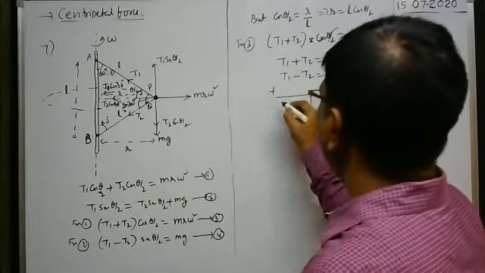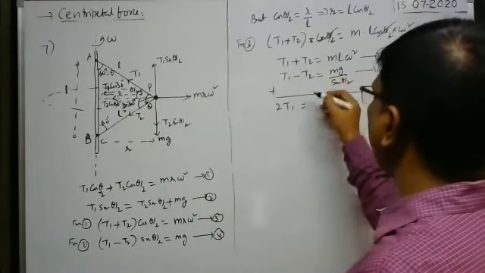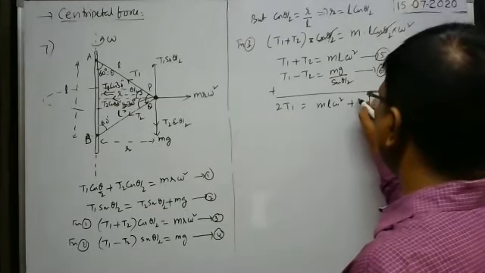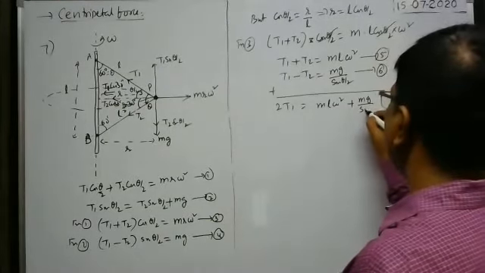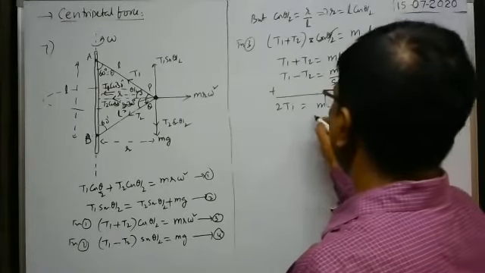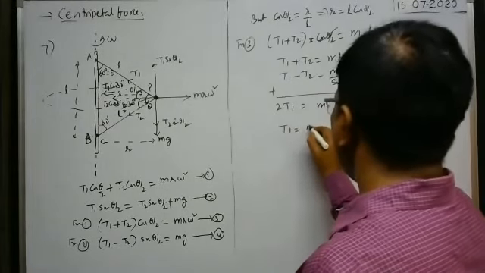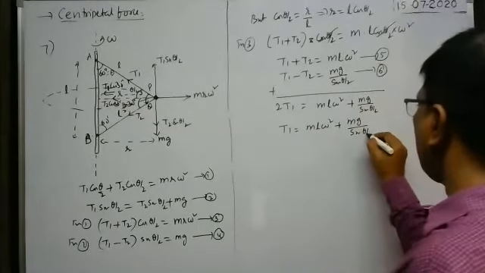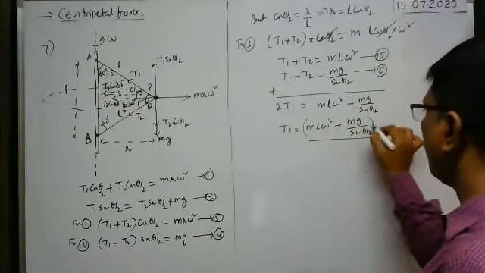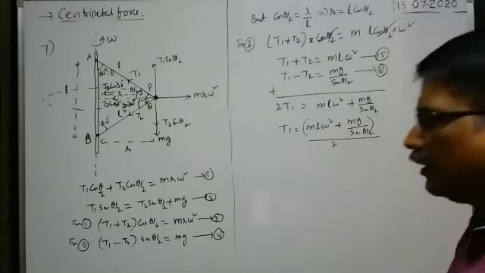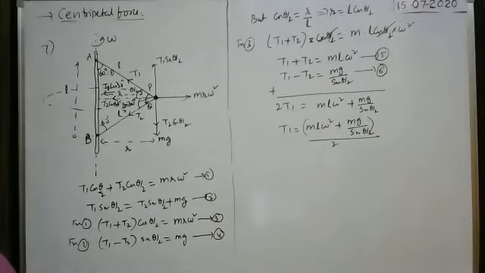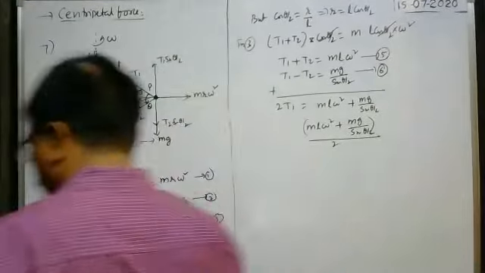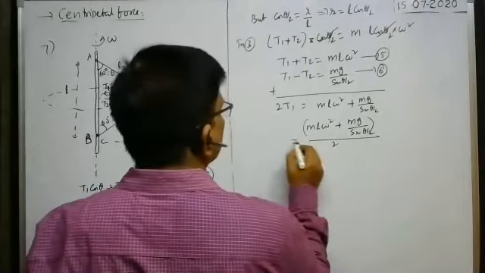When you add them, T2 will be cancelled, so 2T1 is equal to m L omega square plus mg by sin theta by 2. Therefore, T1 is equal to m L omega square plus mg by sin theta by 2, whole by 2. This is the T1 value.